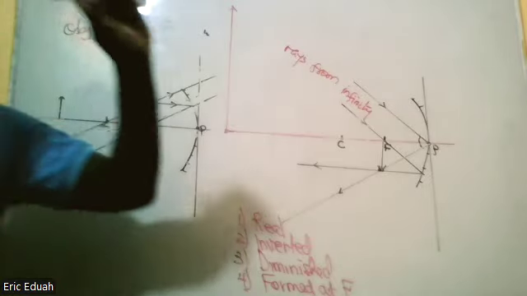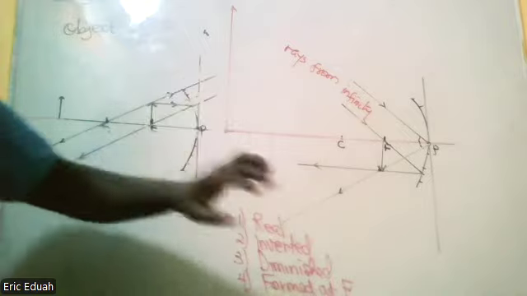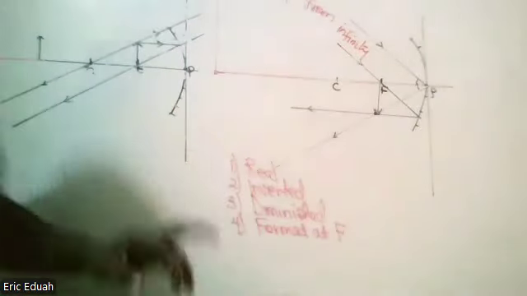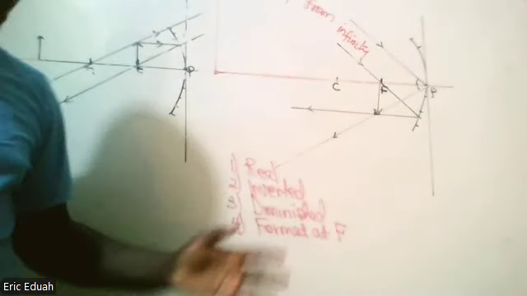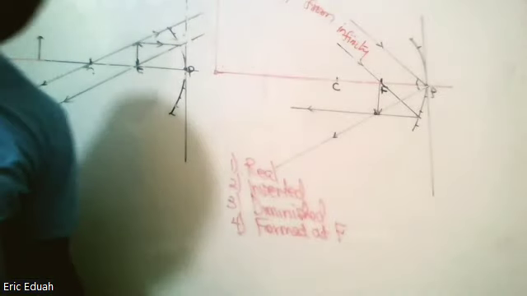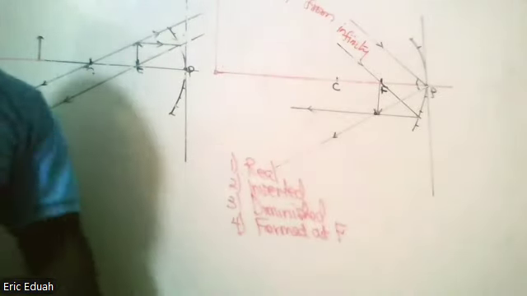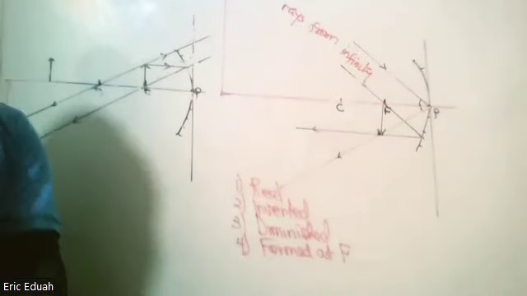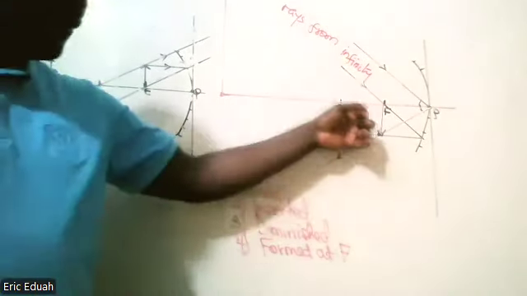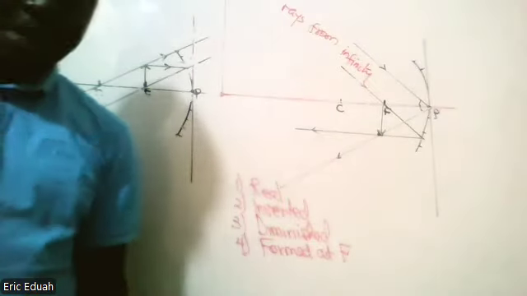Then, oppositely, when the object is placed at infinity, the image is formed at F, image is diminished, image is real, and inverted. These are explanations for object at F and infinity respectively.